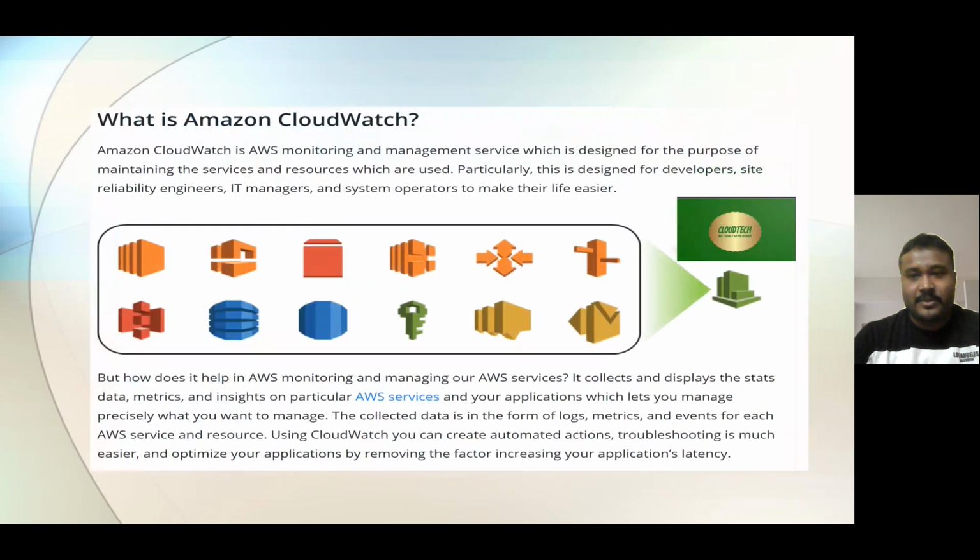First, let me clear up a little bit what CloudWatch is in AWS. CloudWatch is a service we use for monitoring whatever services we are using, like an EC2 instance, Lambda, or any database services, to check whether the service is running properly or not.